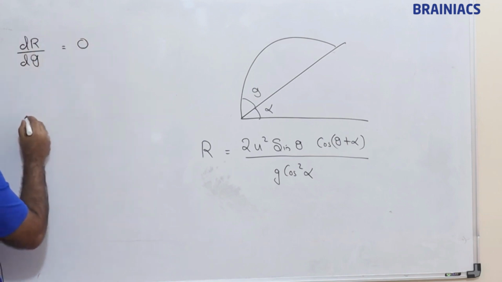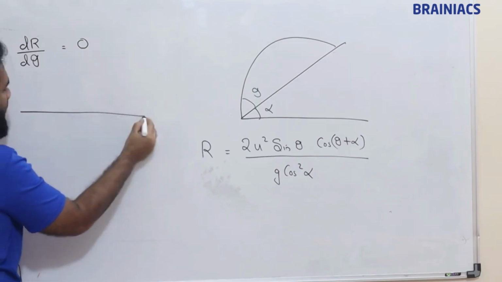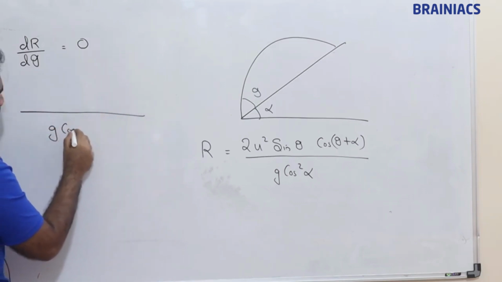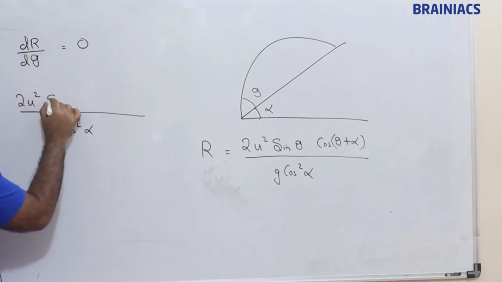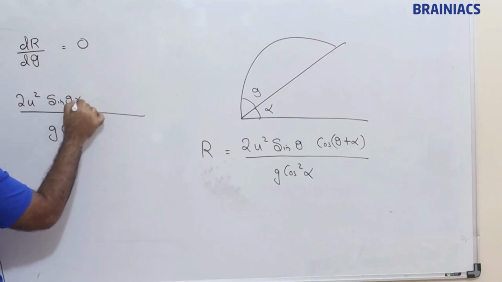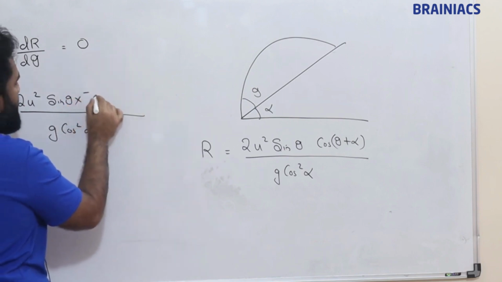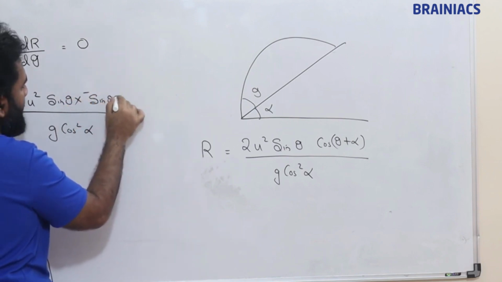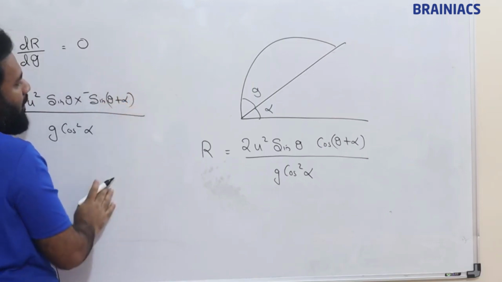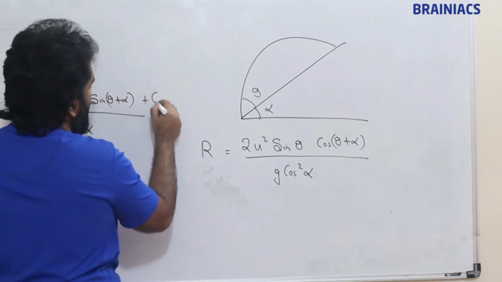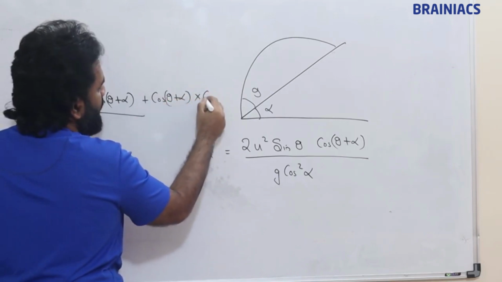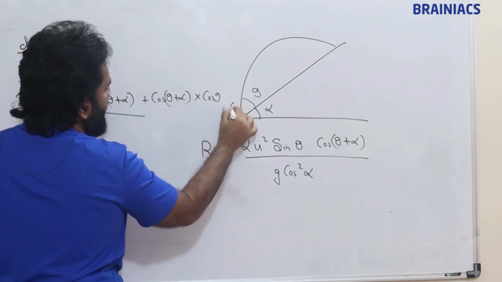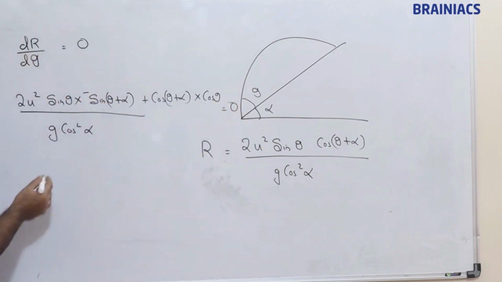Now if we differentiate this, we will be getting 2u squared by g cos squared alpha, times sine theta into, this is sine of theta plus alpha, plus cos of theta plus alpha into cos theta. This will be equal to 0. Clear? This term will go, that will become 0.